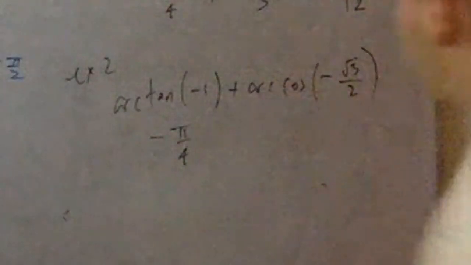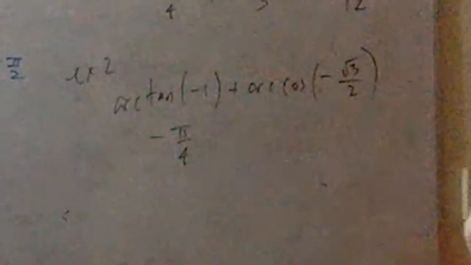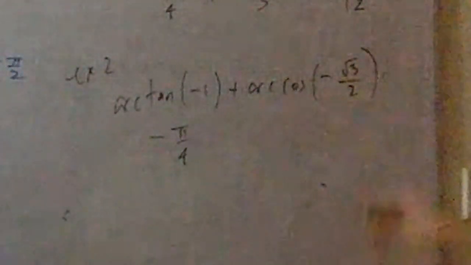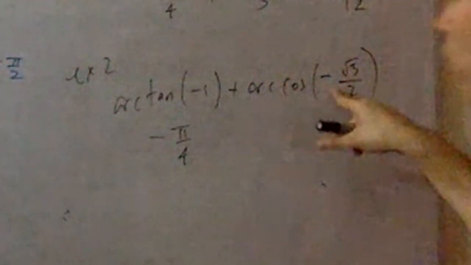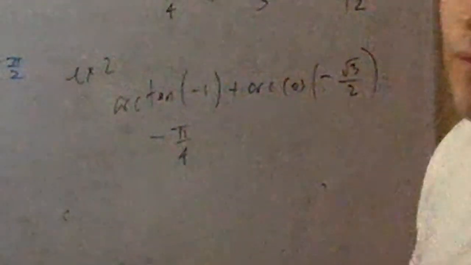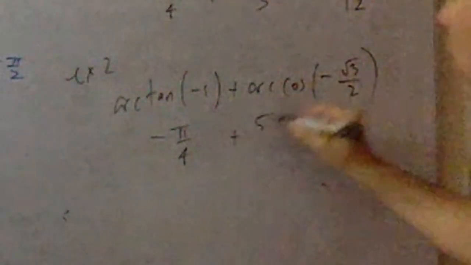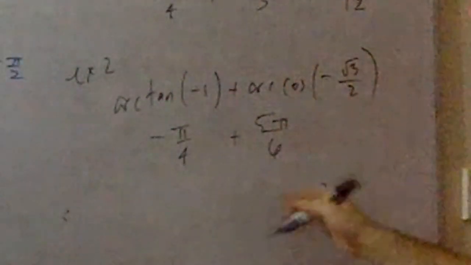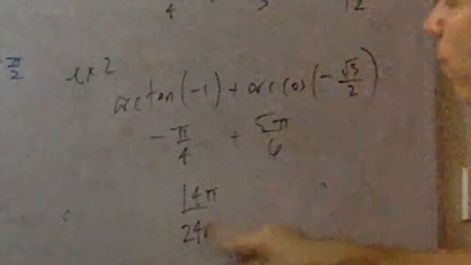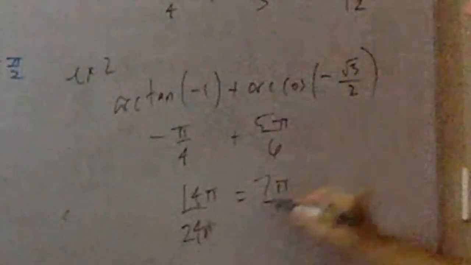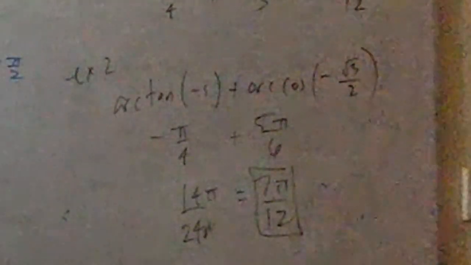And the arc cosine of radical 3 over 2, well I know that's 30. I know that the cosine of 30 goes to radical 3 over 2, but this is negative, so I'm in the second quadrant, and the reference angle gives 150, or 5 pi over 6. And what do we have here? It's 20 minus 6, so it's 14 pi over 24, which equals 7 pi over 12.